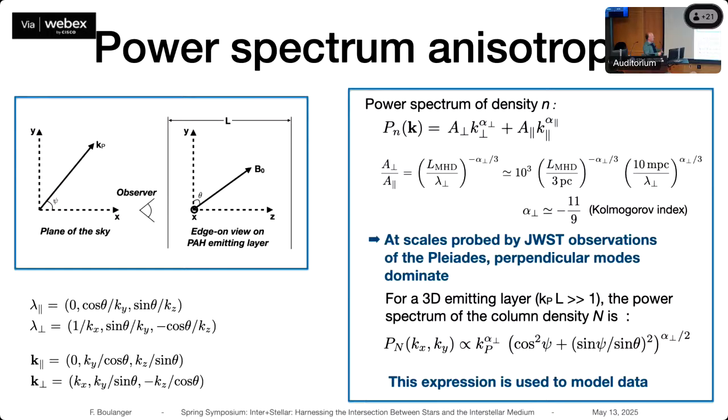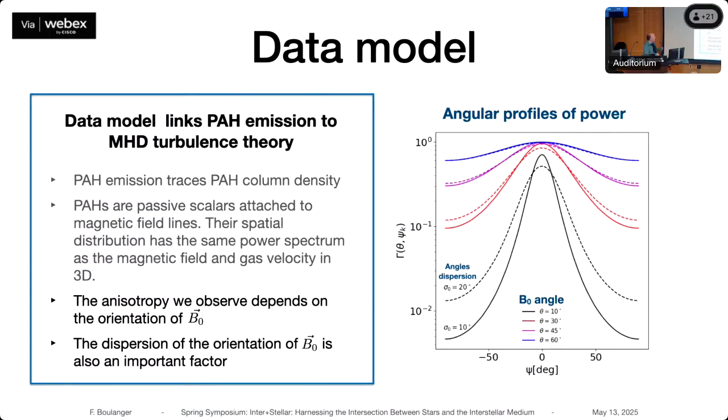We really are sensitive only to structure which is perpendicular to the magnetic field, and you propagate this through the geometry, and you get this formula which we are going to use to fit the data. This provides the angular dependence of the power, and it fits the data well.